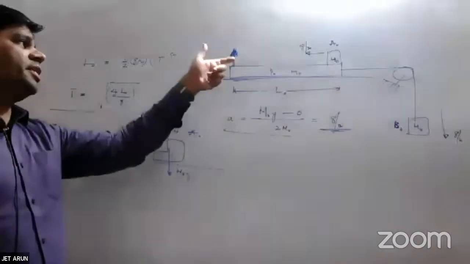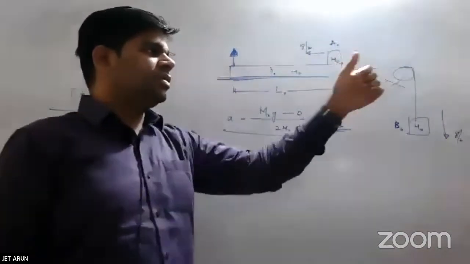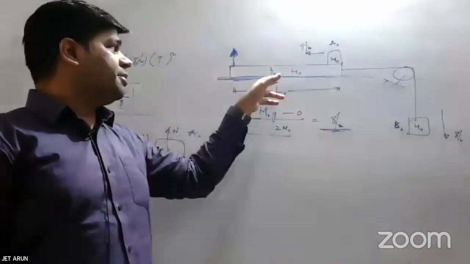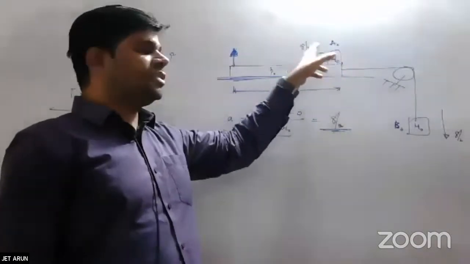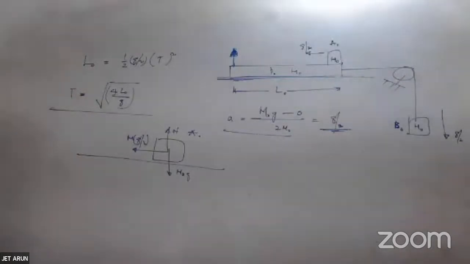But I could also say this from relative acceleration. If the plank is going towards right with a naught, the block will move towards left with a naught. So if the plank moves right with g/2, block A will be moving towards left with g/2 with respect to the plank. But is the block actually moving with respect to the ground?